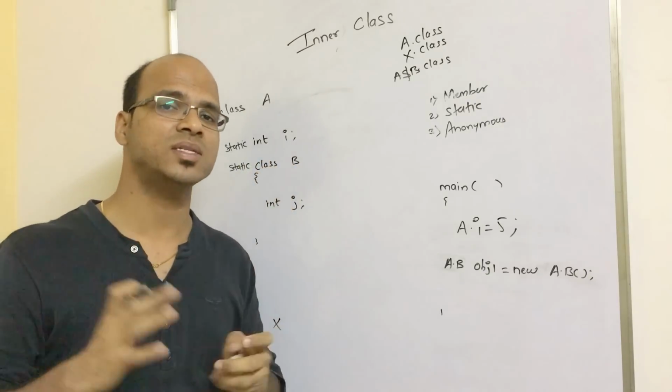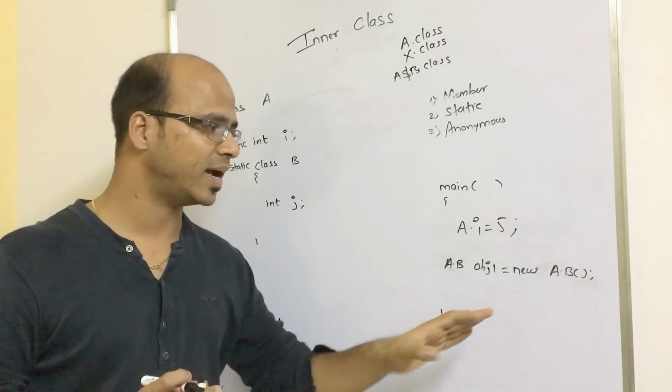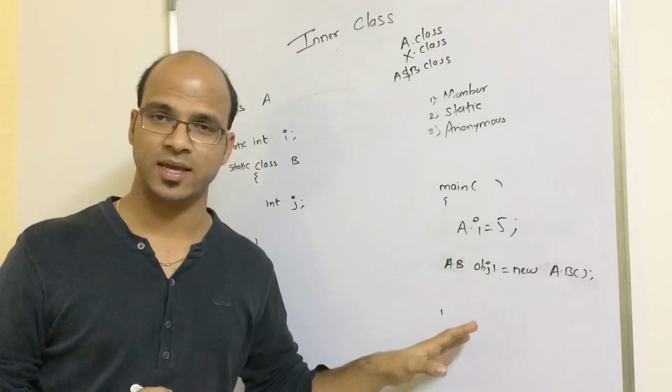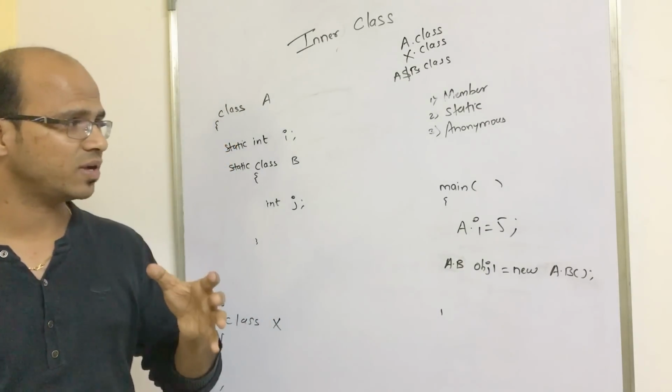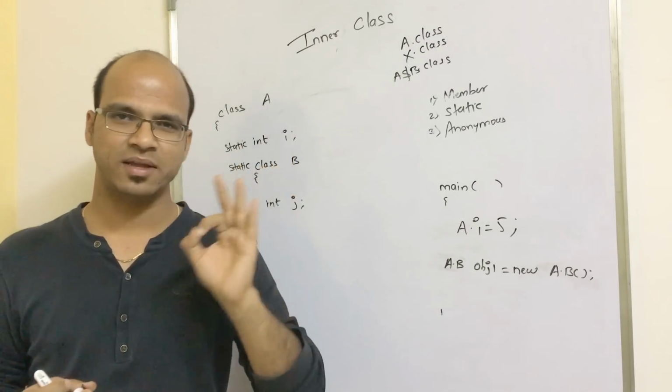If it is a member class, then we have to use an object of A. Since it is static, we don't require that object of A there. So that's how we create, that's how we use member inner classes and static inner classes.